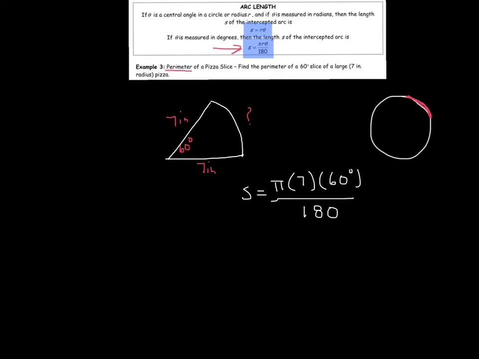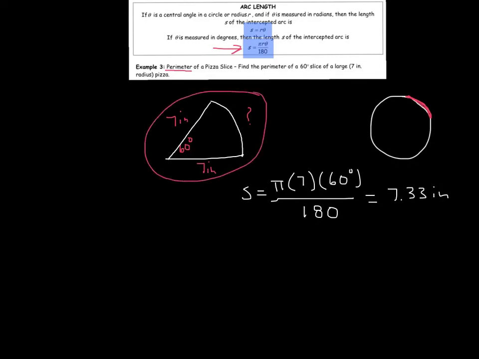And we work through that, and after we work it through, that is going to end up being 7.33 inches. A lot of students will circle that answer because they've done so much work and they think they're done with the problem, but we have to go back and remember that it's asking for the entire perimeter of the pizza.